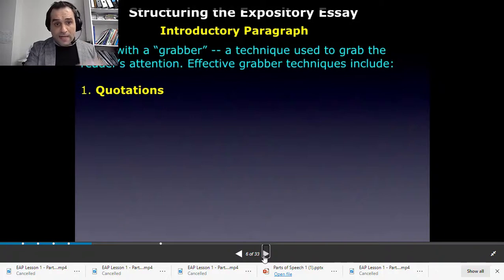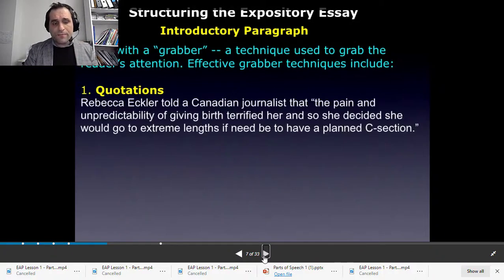Before I do that, I'm going to give you an example of a quotation. For example, Rebecca Eckler told a Canadian journalist that the pain and unpredictability of giving birth terrified her, and so she decided she would go to extreme lengths, if need be, to have a planned C-section. Rebecca Eckler is somebody who people believe because she has had the experience of going through the process.